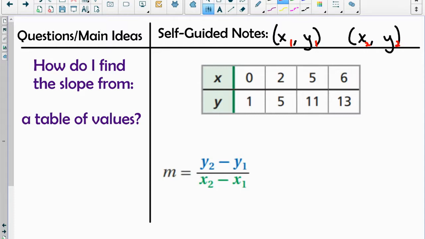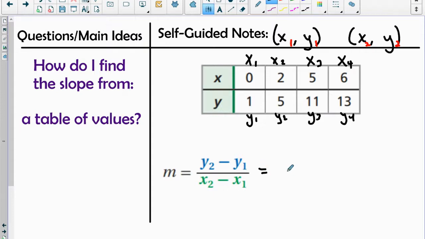So in this case, we have 4 different x values, where I guess technically you could call it x1, x2, x3, and x4. And you also have the y values. You could call it y1, y2, y3, and y4.